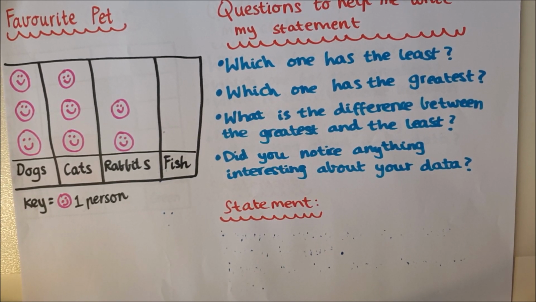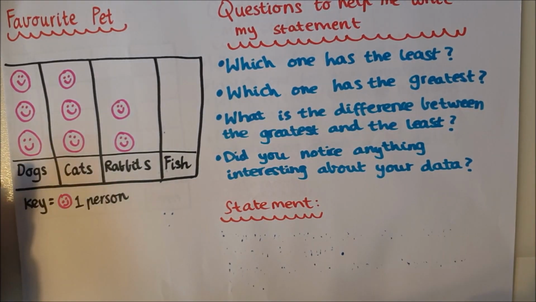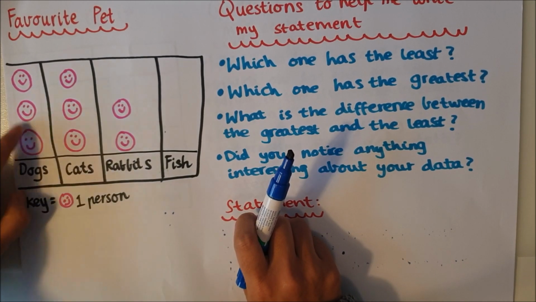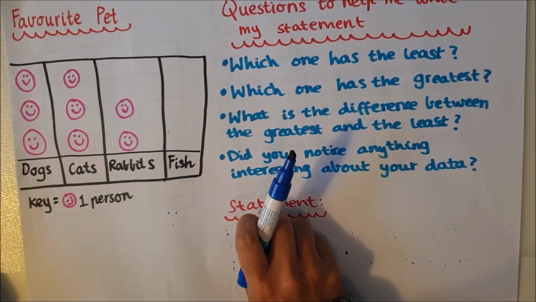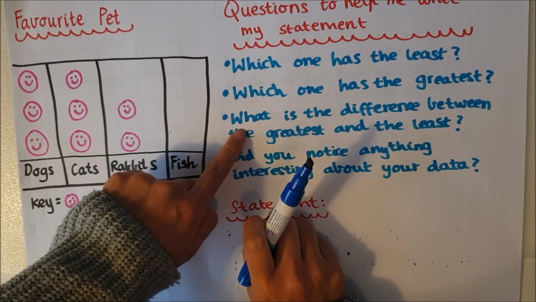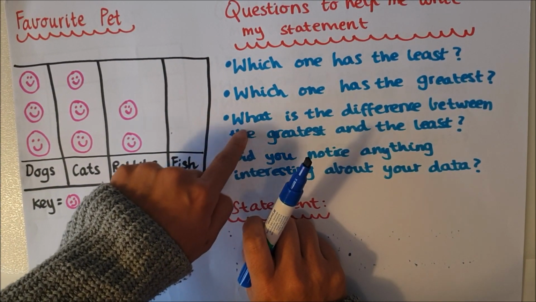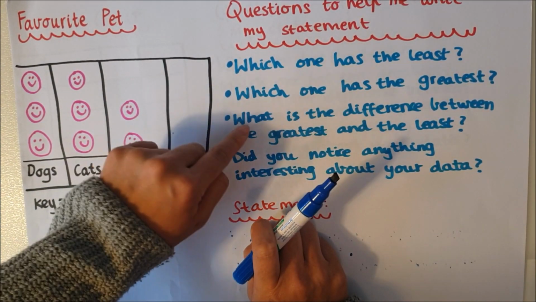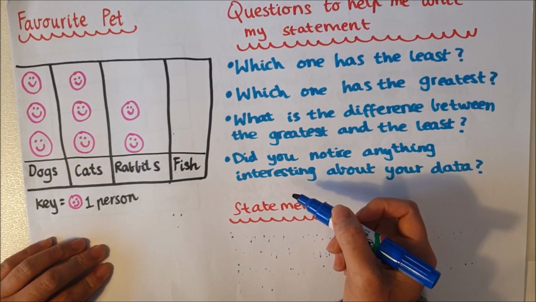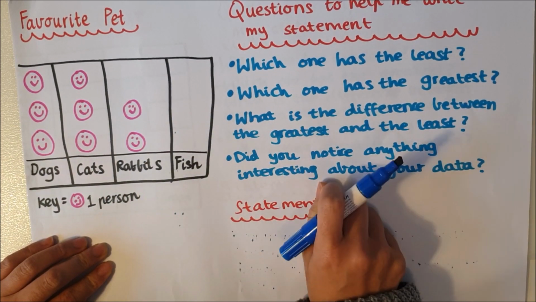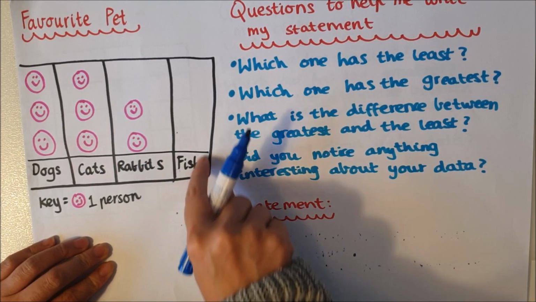Let's have a look. Which one has the greatest and the least? I can see dogs and cats have the same. That answers my third question. What is the difference between the greatest and the least? Actually, the least is the fish.